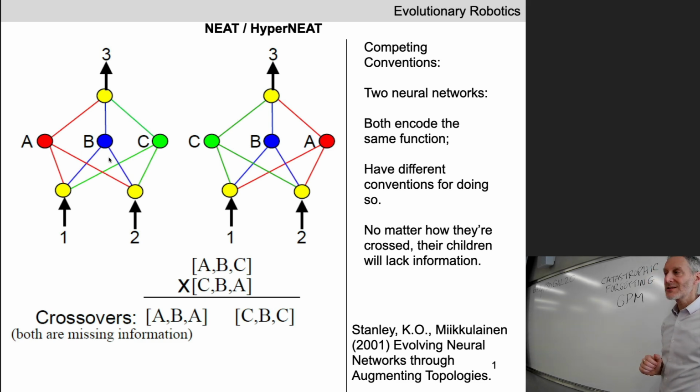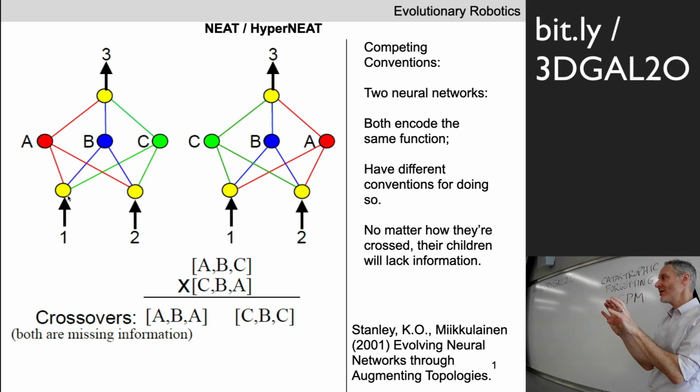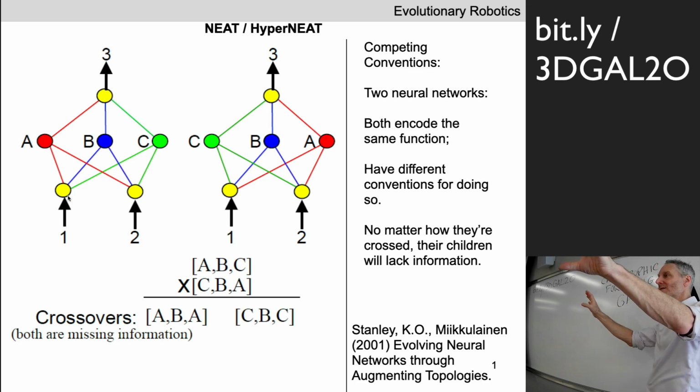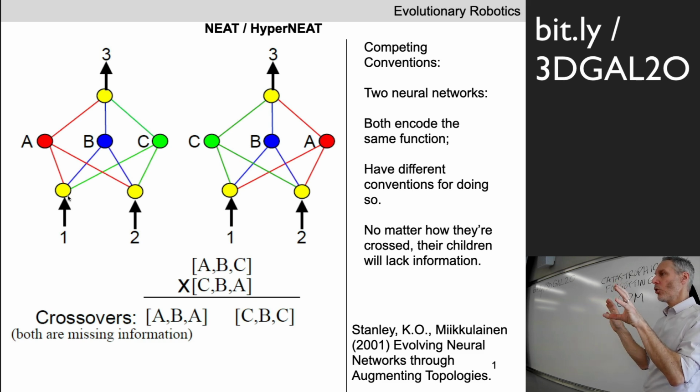Wouldn't it be great if we brought in crossover, and crossover cut these 2 neural networks in half and took the 2 halves and glued them together to make a 3rd neural network? And it happened to do so in a way that brought the pretty good AND from parent 1 and the pretty good OR from parent 2 together.